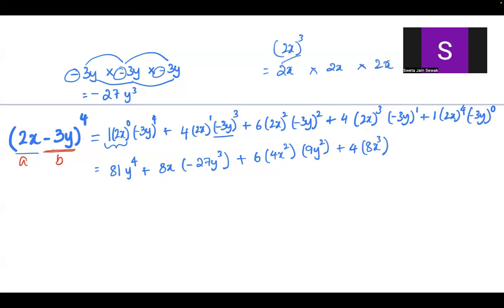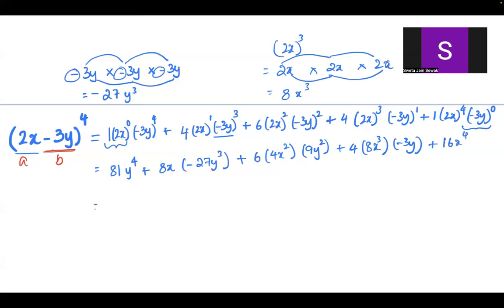So 2 times 2 times 2 is 8. And x times x times x is x cubed. Multiplied with negative 3y, plus, now negative 3y to the power 0 is 1. So we have 2x to the power 4, and that's 16x to the power 4.